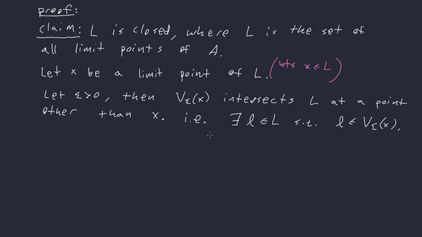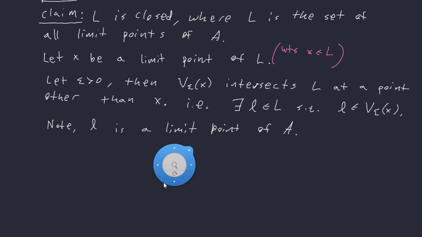Now, note that little l is a limit point of A. So every epsilon neighborhood around l has to contain a point of A. So here's how I'm going to utilize this.